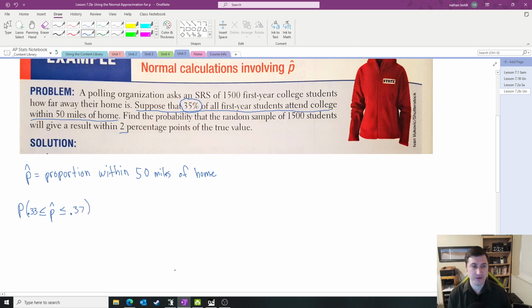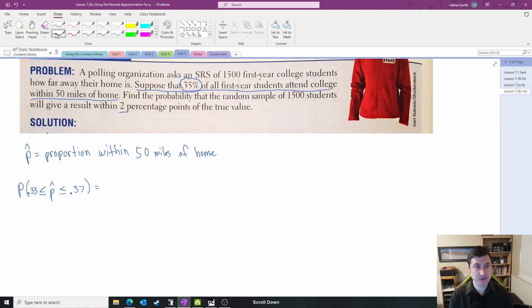We want to find the probability that we are between 33 and 37% within 50 miles of home. Hopefully you can see how that's setting up our normal CDF. We have our lower and our upper. We just need the mean and the standard deviation.